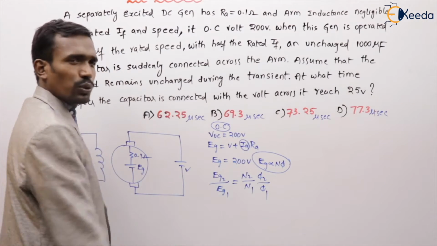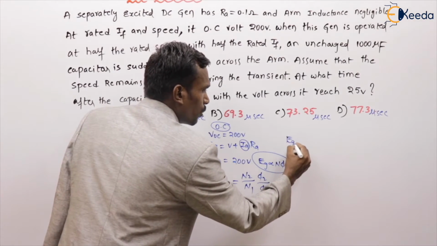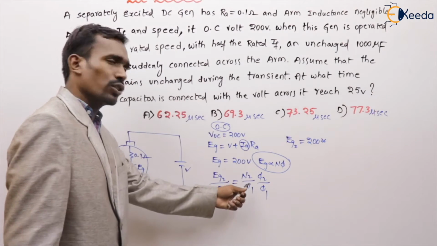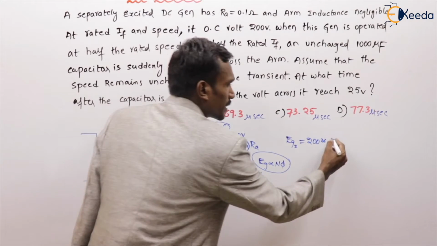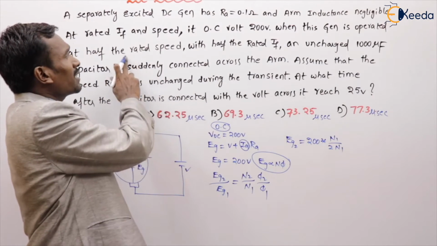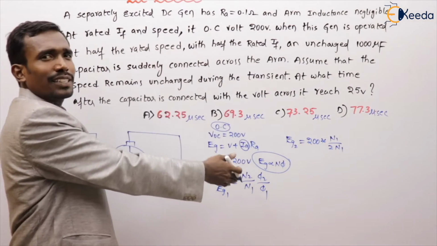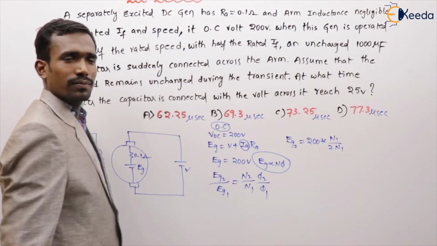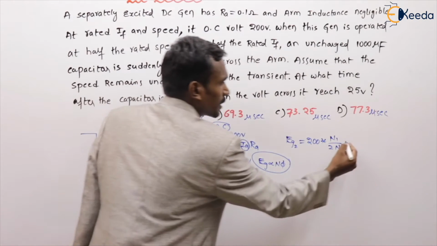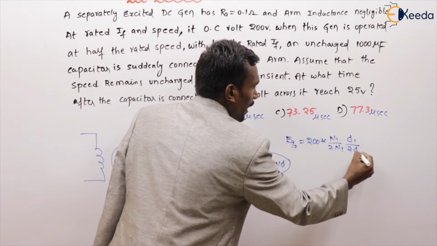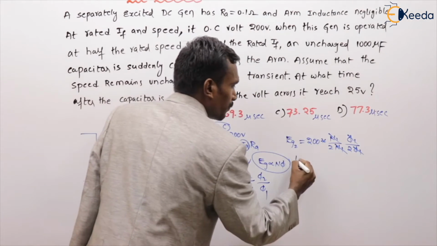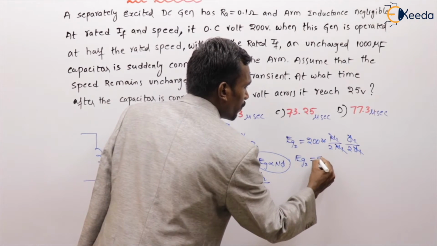Now I want Eg2. Eg2 is equal to 200 into N2 by N1, where N2 is equal to N1 by 2, since they said half of the rated speed. Next, flux is also half because of half the rated field current, so phi2 is equal to phi1 by 2. Phi1 cancels, N1 cancels, 200 by 4, nothing but 50 volts.